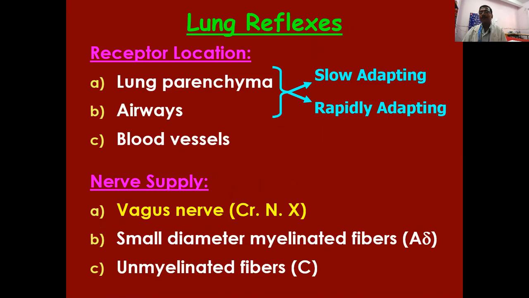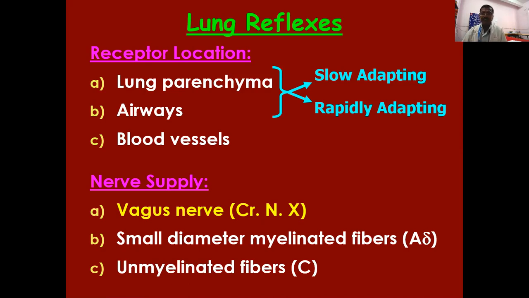Lung reflexes. The lung reflexes are present in the lung parenchyma and air passages as well as in the blood vessels. These lung receptors are slowly adapting and rapidly adapting.